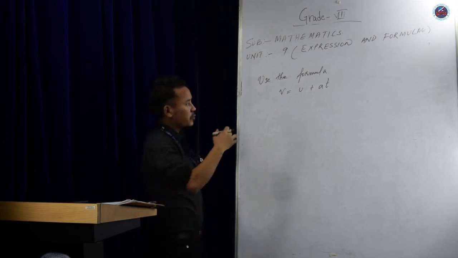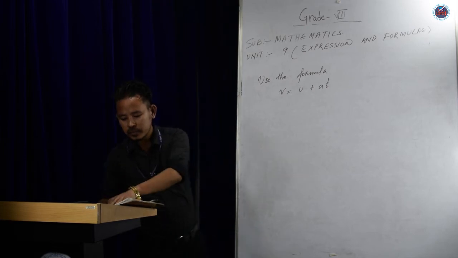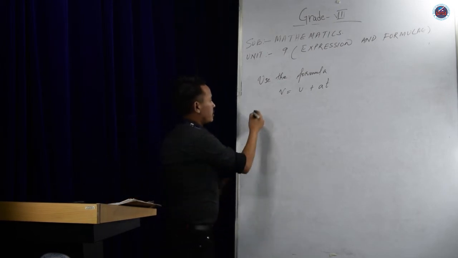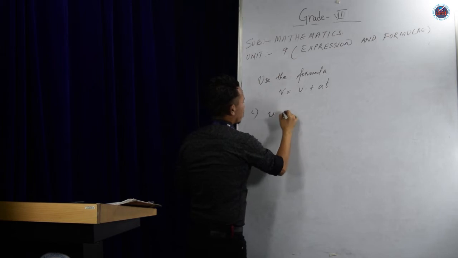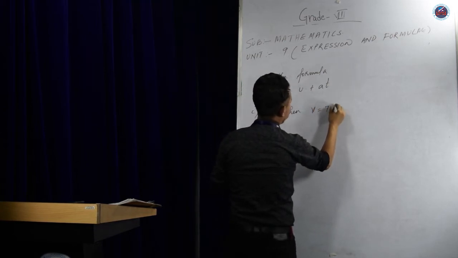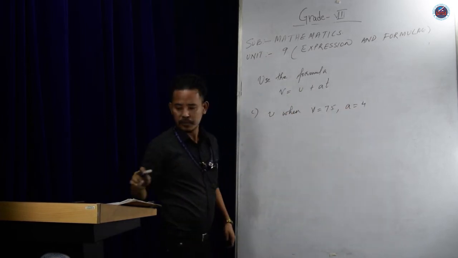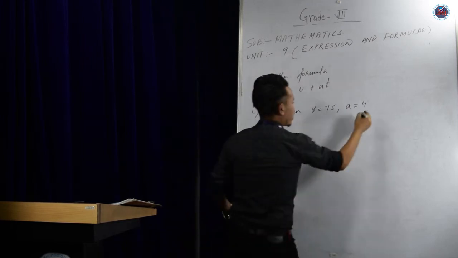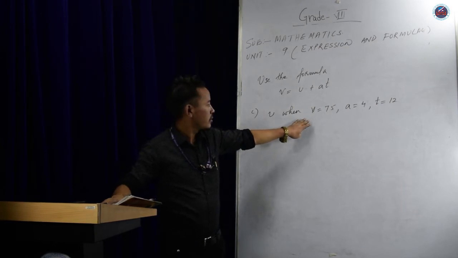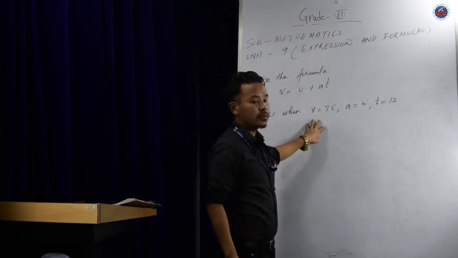We have to use this formula and work out the value of u when v equals 75, a equals 4, t equals 12. Now we have to use this formula and find the value.